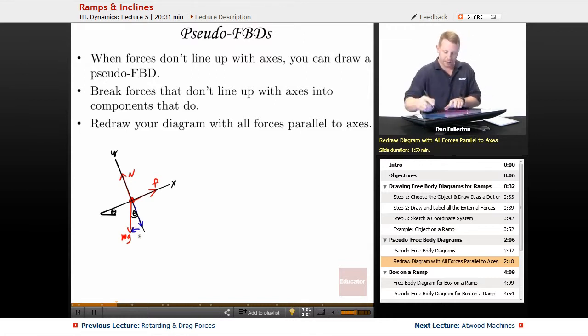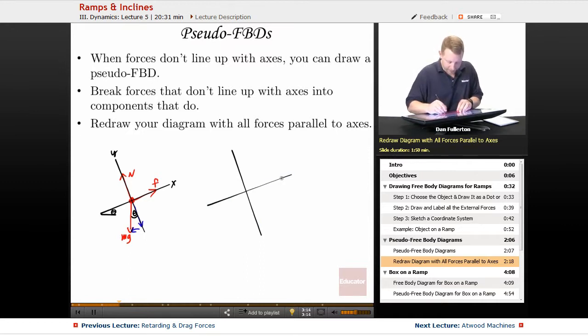So the way we do that is with our pseudo free body diagram on a separate diagram. If we want all of our points on the AP test, going to draw our axes again, x, y. We have our dot. We still have our frictional force, our normal force, but now we put in our components of weight.